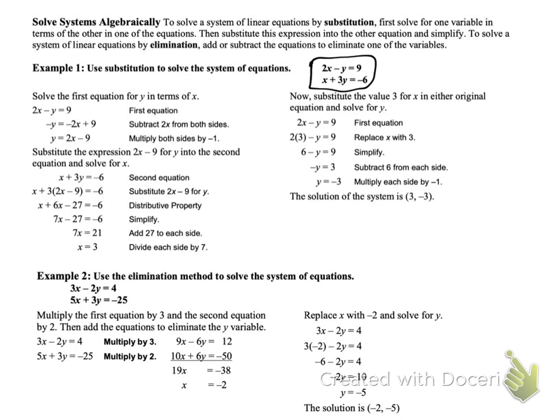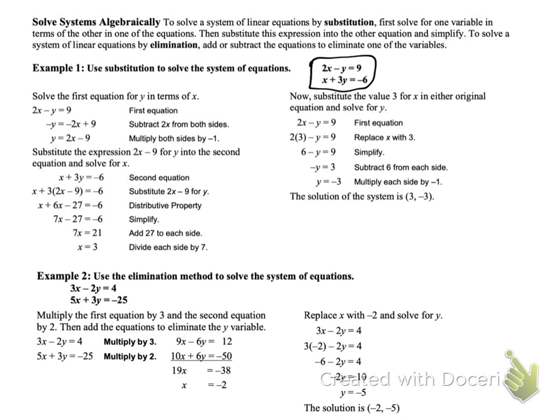But that y is still not isolated, right? We need to divide by negative 1. And so I would have y equals 2x minus 9, okay? Same equation, same line. I've just now isolated that y.